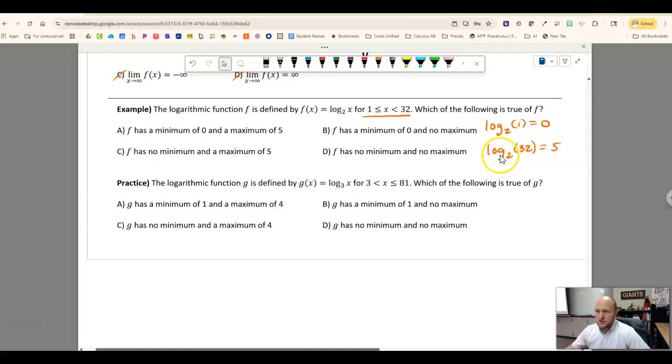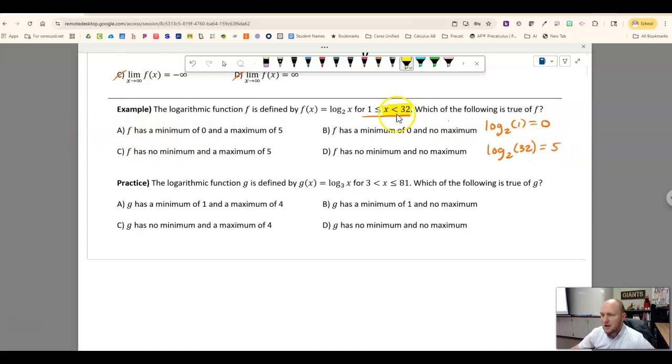Okay, so just note that it's these values, and then here, what I also notice is that my domain is less than 32, so I'm actually going to be really close to 5. So I feel like this is a trick question. I would look for a minimum of 0, maximum of 5.